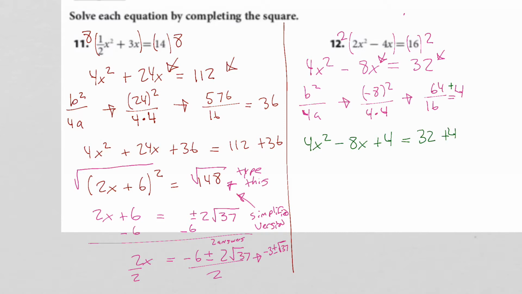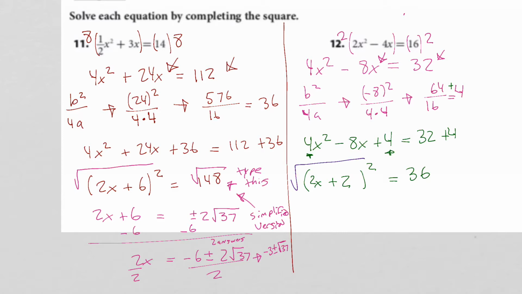So far, so good. Now we're going to have something squared, and this is going to factor here into 2x, and what's the square root of 4 here? Plus 2. And all that's going to be equal to 32 plus 4, which is 36. And now I can take the square root of both sides.